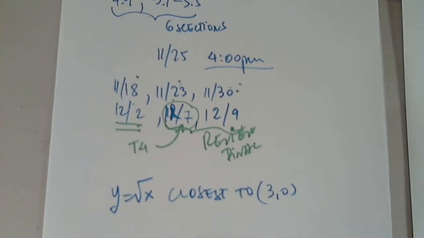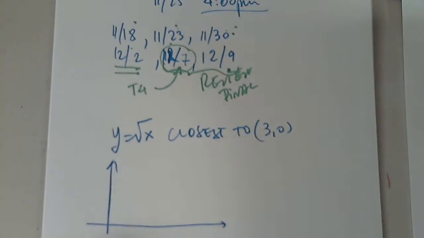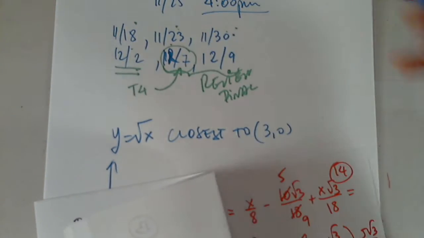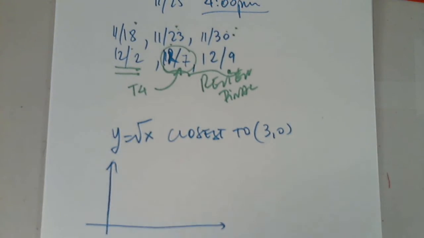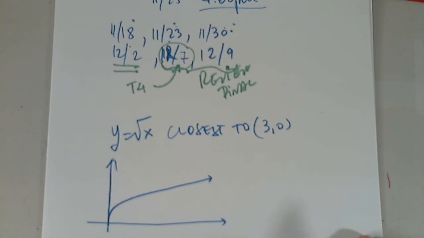Okay, so here's our square root of x, and the point (3, 0) is here. And this is the square root of x. So we're asked to determine the point on this function that is the closest to (3, 0).